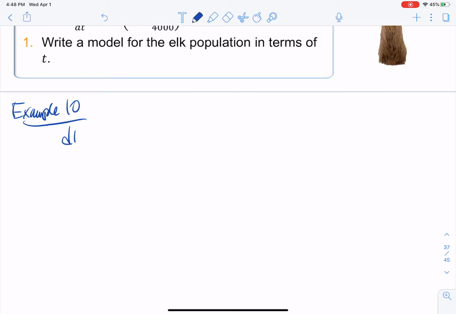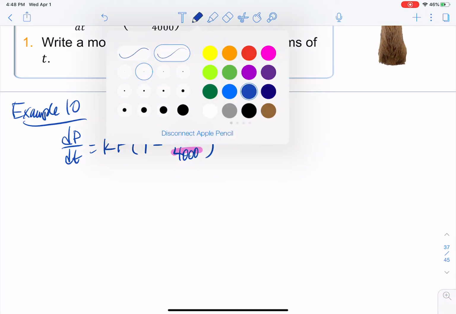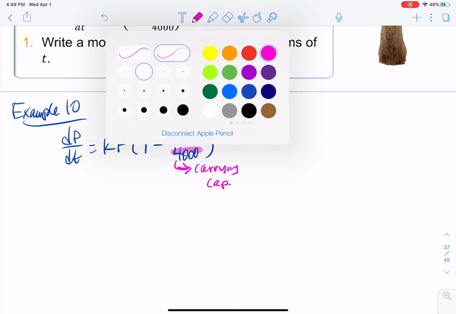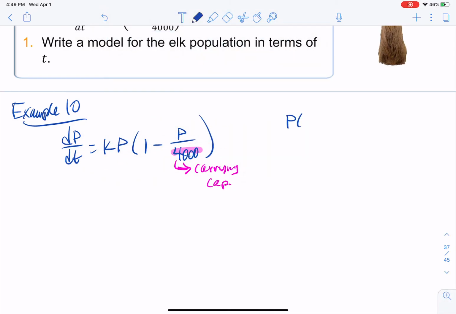Our differential equation, dP/dt, is equal to some k times P times (1 minus P over 4,000), 4,000 being our carrying capacity, of course. A couple of other things I'm going to write down, let's write these as ordered pairs: (0, 40).